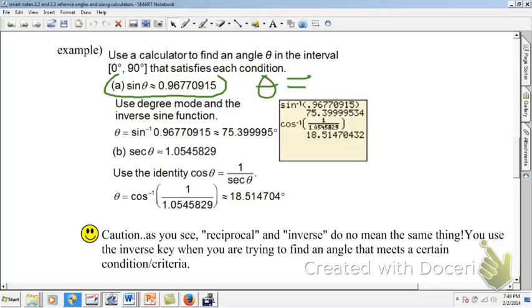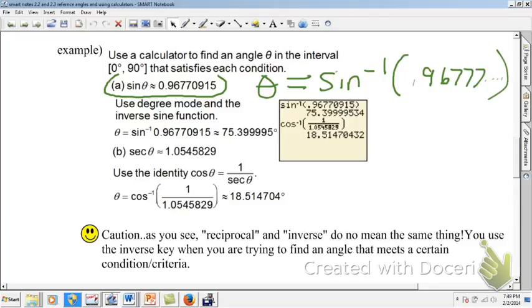Well, to find theta, it's like saying sine of what angle is equal to 0.967? Well, to find theta, I will just have to hit inverse sine. So to undo sine, you use its inverse function, which is inverse sine. So to find theta, I'll just hit inverse sine of that value that was given.